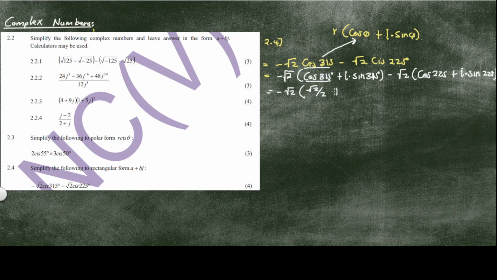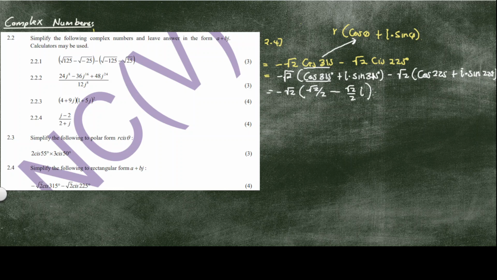Plus sine 315, it's a negative this time. It's a minus square root 2 over 2 i, close bracket. Where is this negative coming from? Sine 315 comes out as a negative, so that negative changes this positive into a negative, because a positive times a negative gives us a negative.